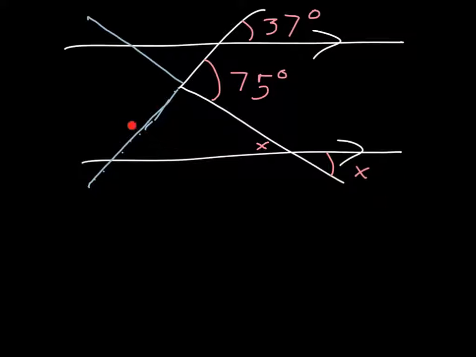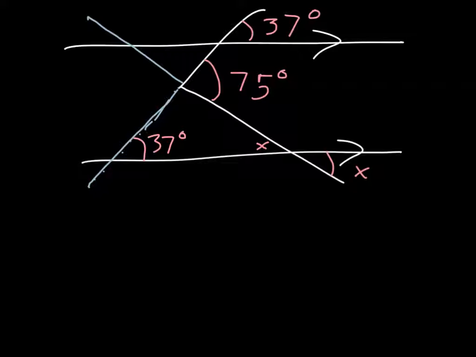That angle corresponds to that angle. Since I have a transversal that runs through these two lines, the corresponding angles have to be equal. And the two lines are parallel. That's important as well, because these lines are parallel. So I know that this angle is going to be 37 degrees.